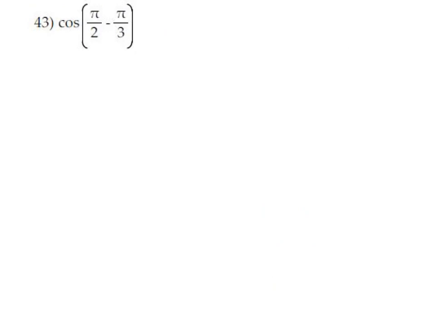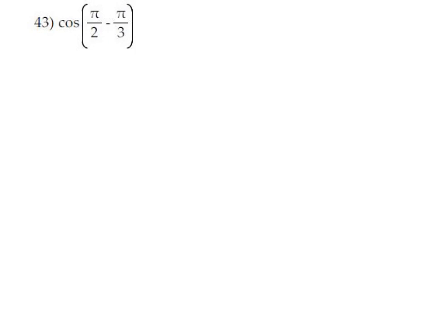Find the value of cosine of pi halves minus pi thirds without the use of a calculator. Now some of you might be thinking that you know the difference angle identity for cosine. You could do it that way and it would take you about 5 minutes longer than the easy way. The easy way is order of operations says do what's inside the parentheses first.